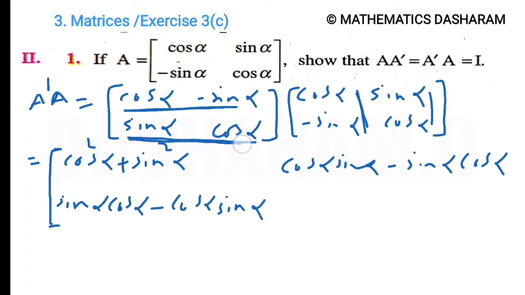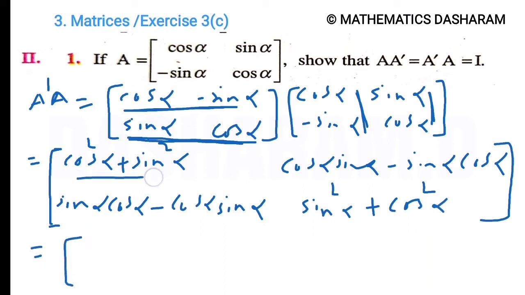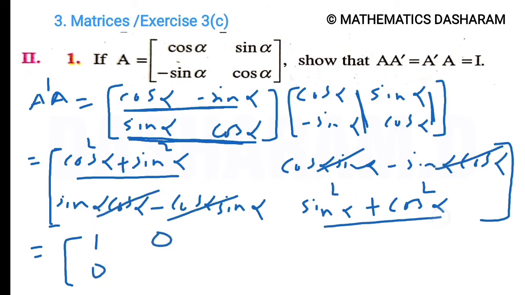Next, second row with the second column, sin square alpha plus cos square alpha. Let's simplify this. It is exactly identity 1, here both cancel, here also the same, and it is also identity 1. So it equals I, the identity matrix with order 2. So we proved that A into A dash equals I, and A dash into A is also I.